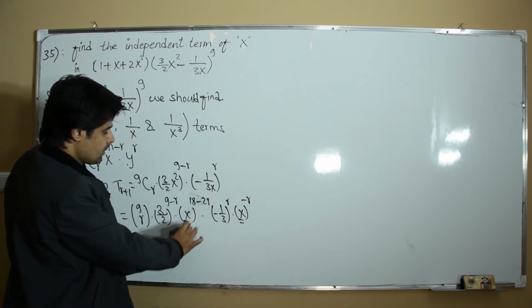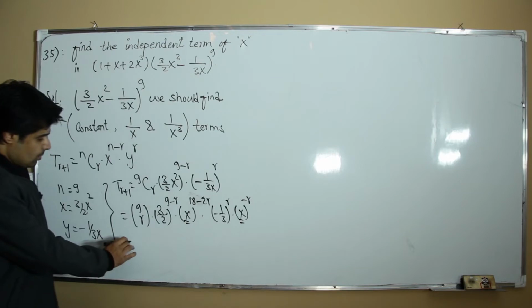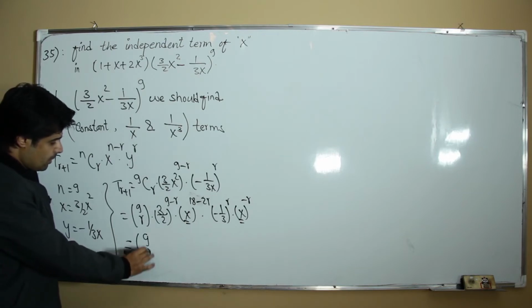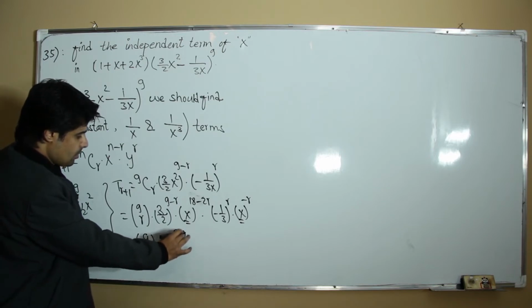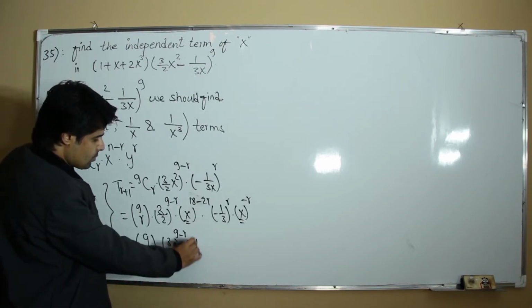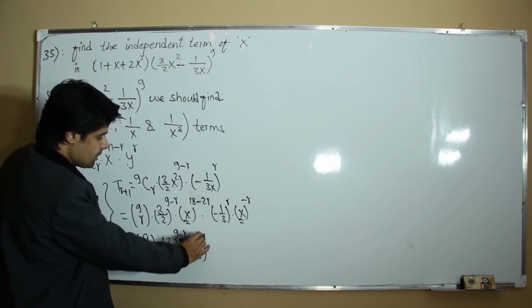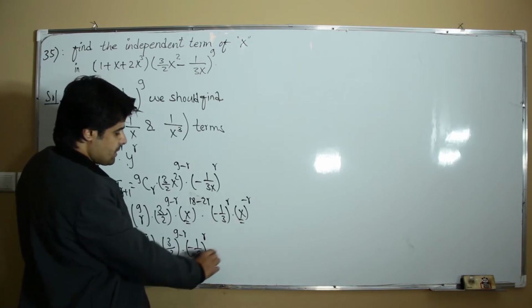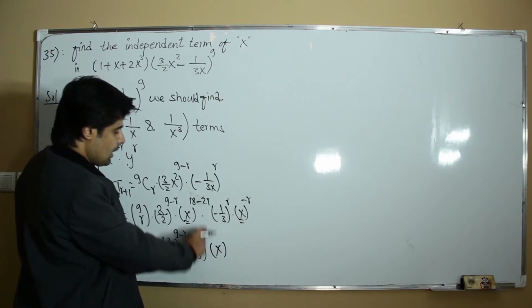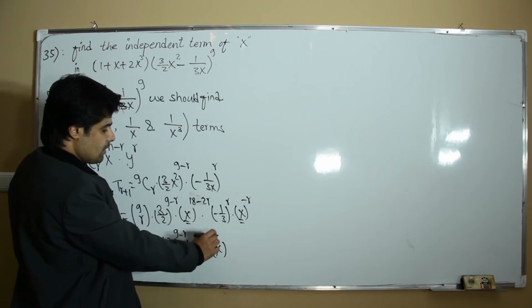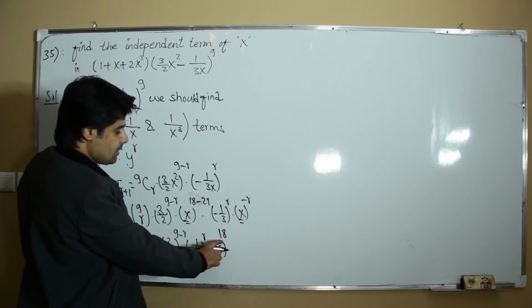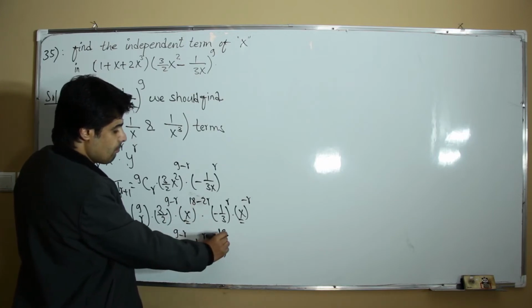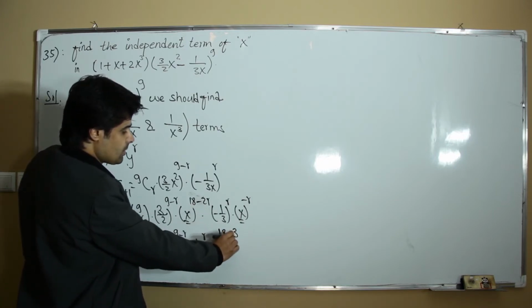This x with this x is multiplied, so we will have 9 c r, 3 by 2 to the 9 minus r, and minus 1 divided by 3 raised to the power r. The bases are same and the powers should be added. 18 minus 2r plus minus r, 18 minus 2r with minus r, minus 3r.